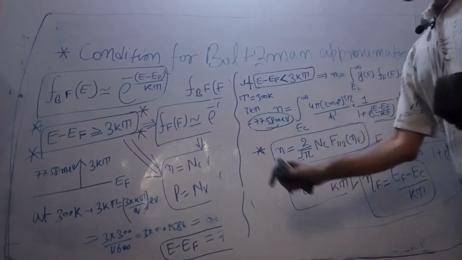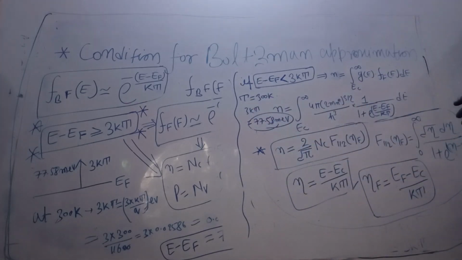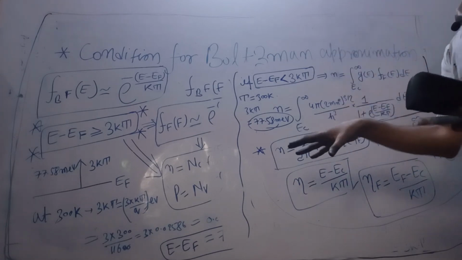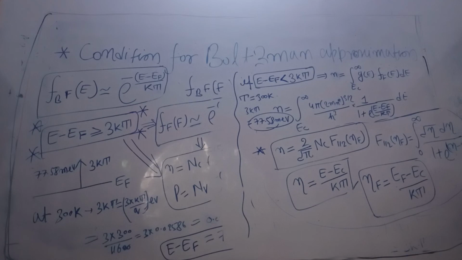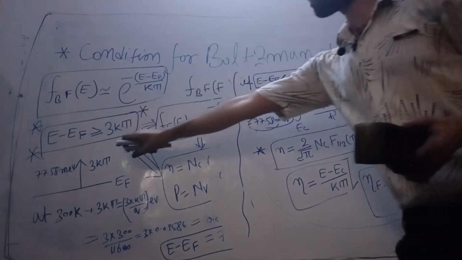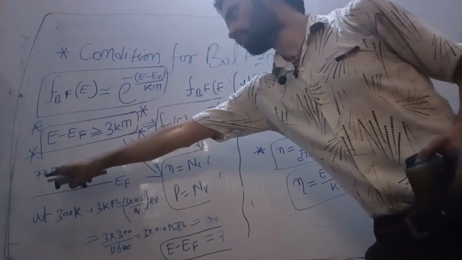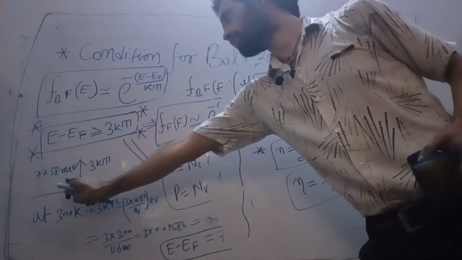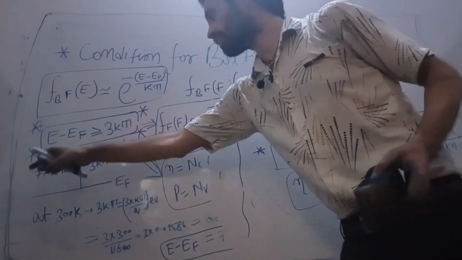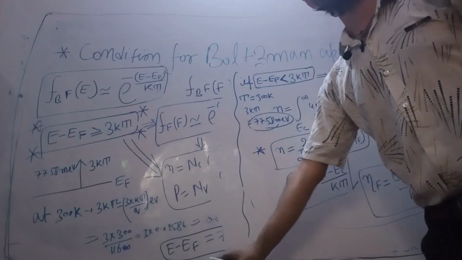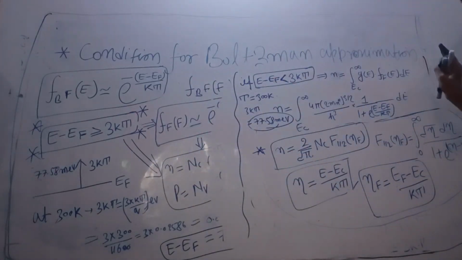Now we are confirmed about when to take and when not to take the Boltzmann approximation. Remember this point: at room temperature it is 77.58 milli electron volt. If it is coming less than this, then solving by the Boltzmann approach is wrong; solving by this approach is right.